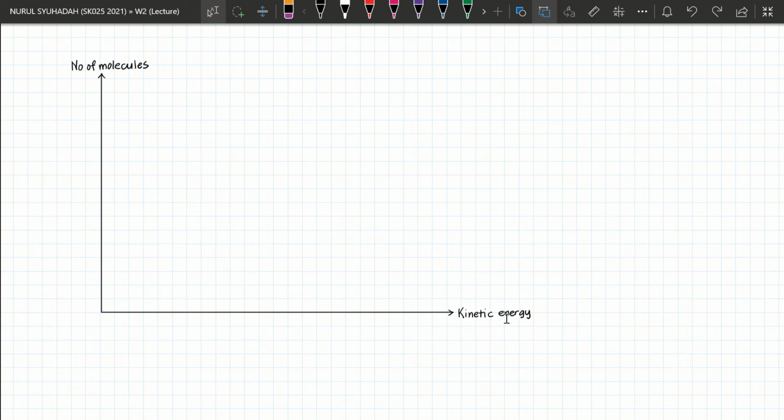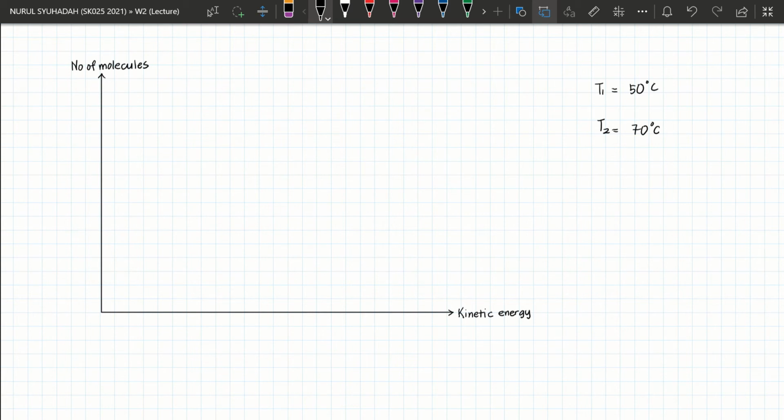So how to do that? Let's say here I have two temperatures. Temperature 1 is 50 degrees Celsius, and temperature 2 is 70 degrees Celsius. So how am I going to draw this?